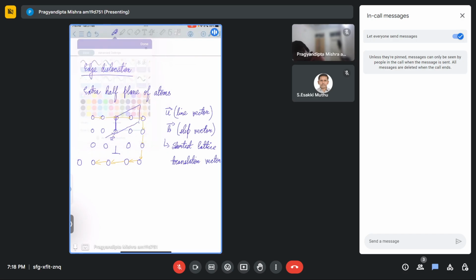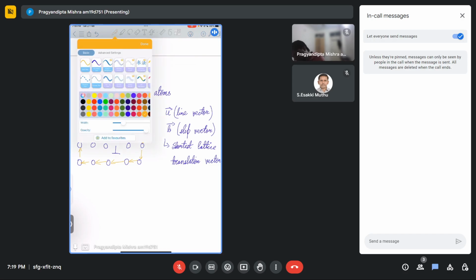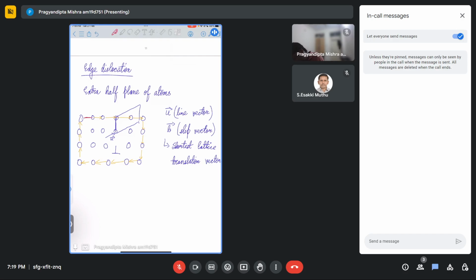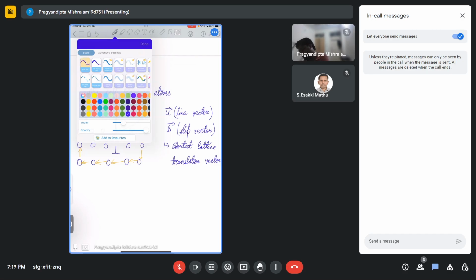Let's say I'm defining an extra plane here. So if I move 4 times, then I move 3 times up again, then there is one missing link right here that closes this vector. So this is that shortest lattice translation vector that will close the loop that we start around the dislocation. So that is known as the slip vector or the Burgers vector. Okay, the extra vector that closes the loop, we call it a slip vector or Burgers vector.